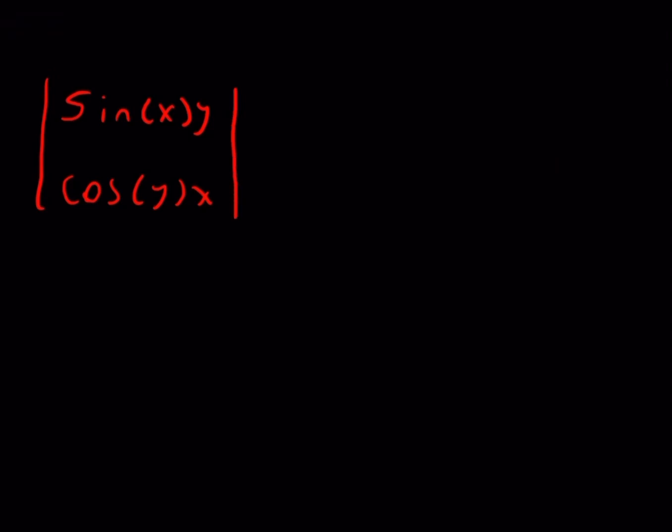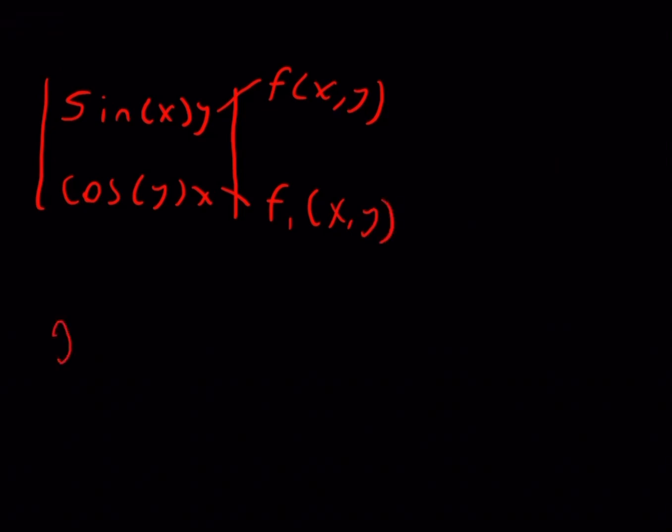So, let's go on to a more difficult, or, because the topic's simple, a more time-expensive problem. Now, sine(xy) and cosine(yx) as the vector field. So this is f of xy, let's say, and this is f1 of xy.